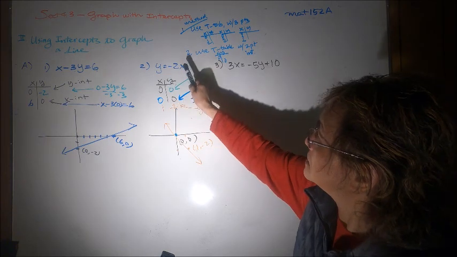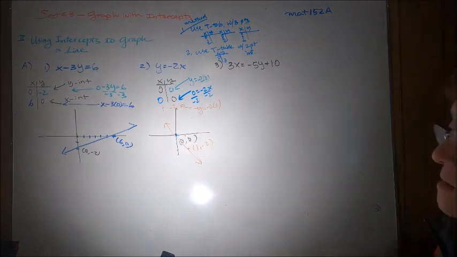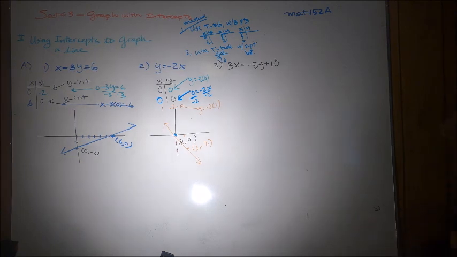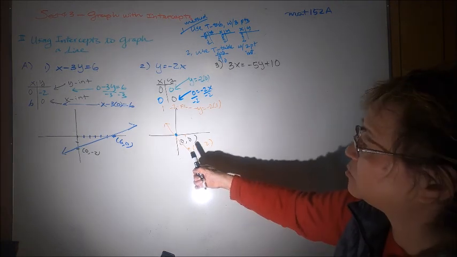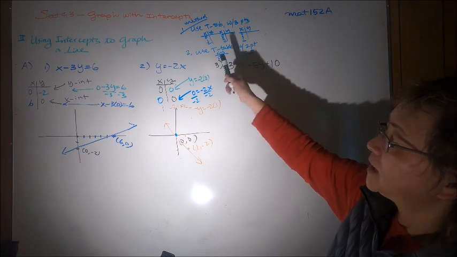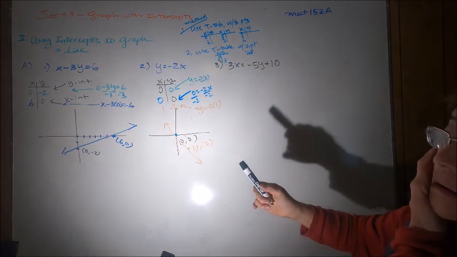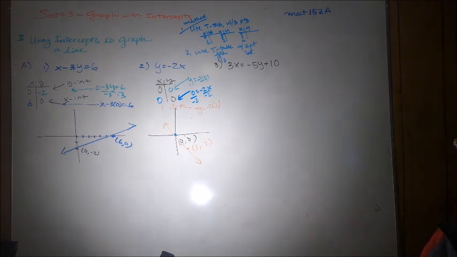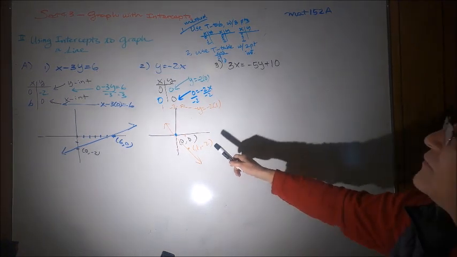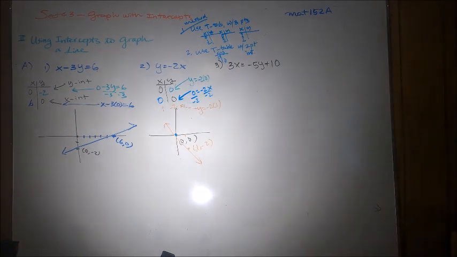When you use the xy intercepts, you only get 1 point. You cannot make a graph this way, make a line this way, right? So you need to find another point. So the method 2, graphing the line with intercepts, may not always work. So you have to go back to the first method to get another point to make it work.